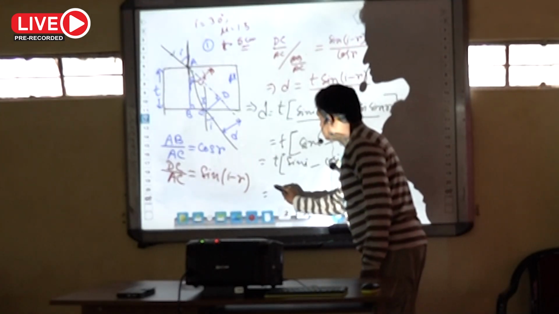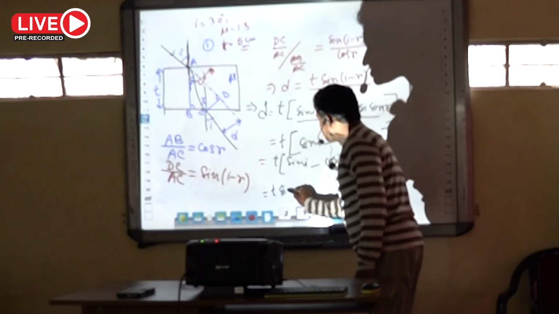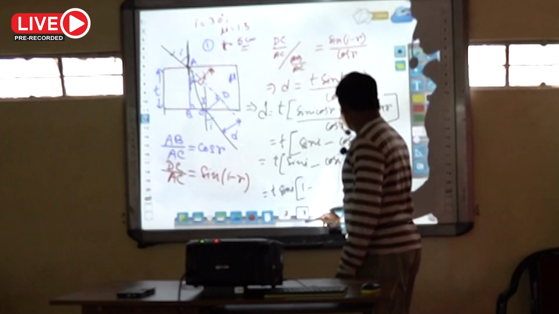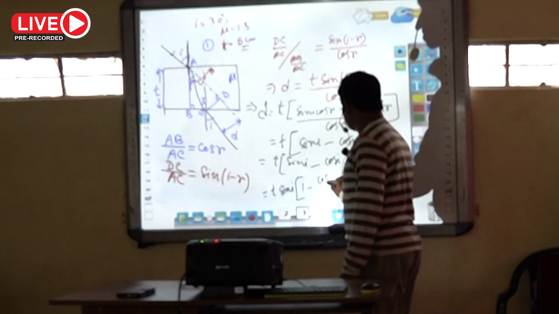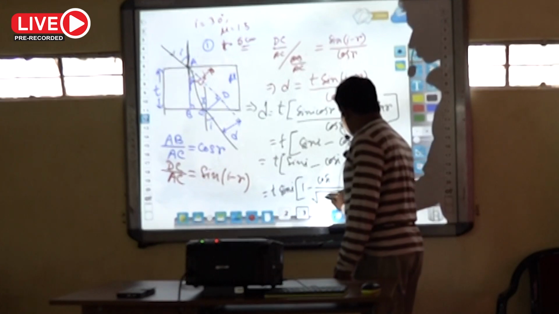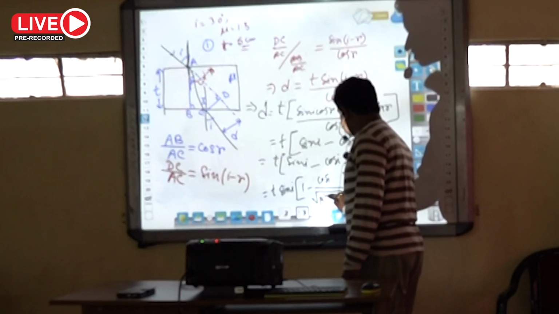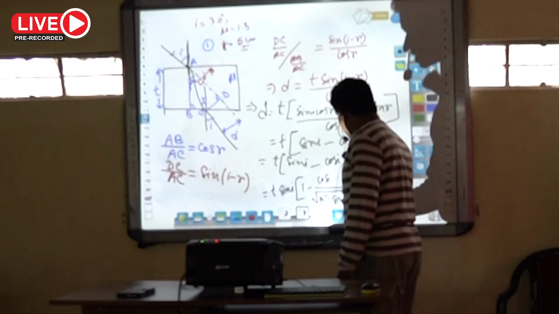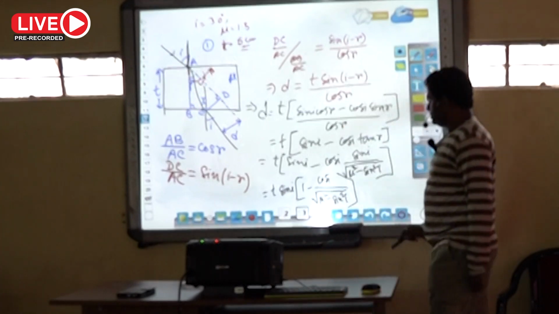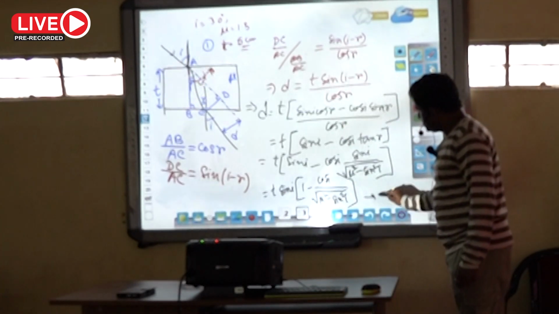Then you can finally write t sin I into 1 minus cos I divided by root over of mu square minus sin square I. This final form is equation 2.